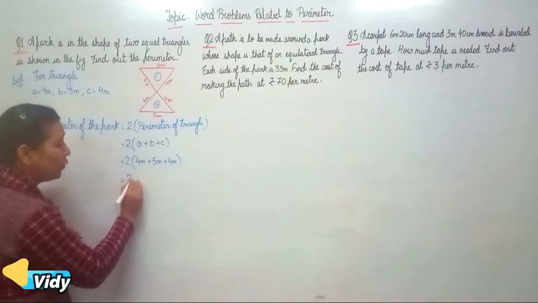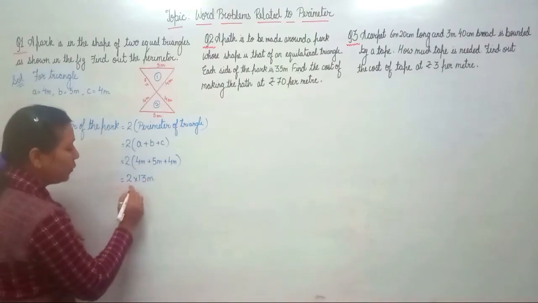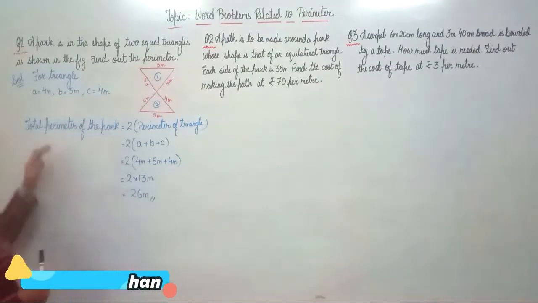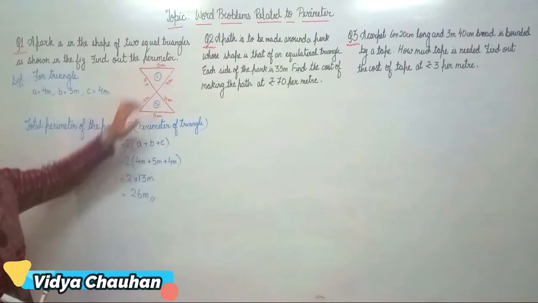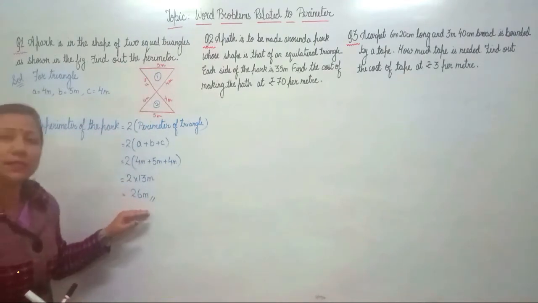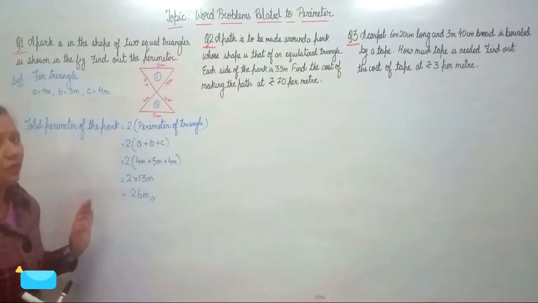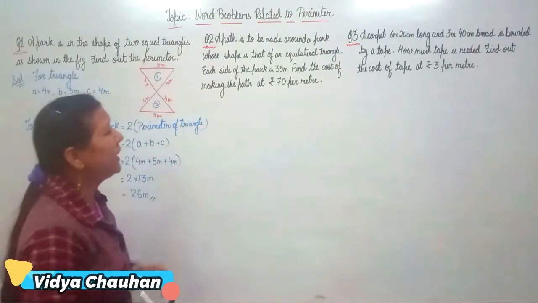So it is 2 multiplied by 13 meter, and 13 twos are 26 meters. So the total perimeter of the park, which contains two equal triangles, is 26 meter. This is how you can find the perimeter of any given figure. Clear students?